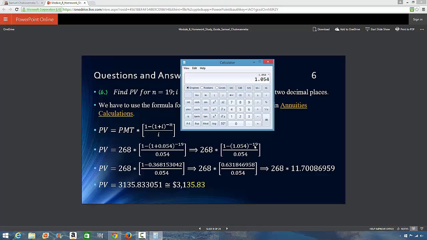Negative 19. Okay, if you're using the calculator on your computer, for the negative 19, you don't press minus now. I know that minus and negative mean the same thing. But if you're using this kind of calculator, and some other calculators you might be using, if you want to get the negative, you press plus minus, this sign.